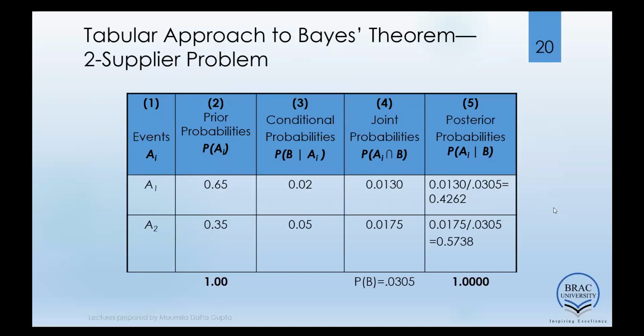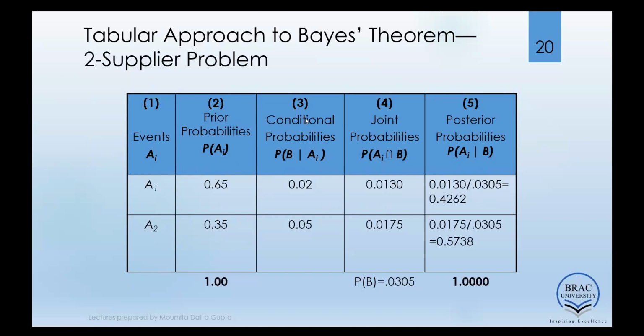Now let's consider a tabular approach to Bayes theorem for the two-supplier problem. At first, we have the two events, supplier 1 and 2, and then we have the prior probabilities. And we have additional information about the probability of having bad parts from each supplier.